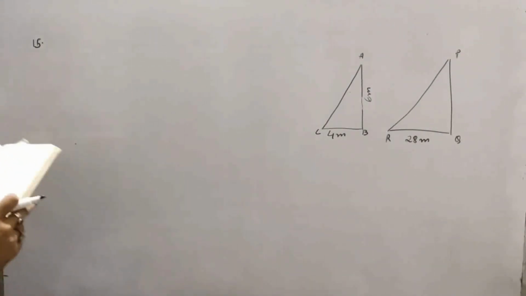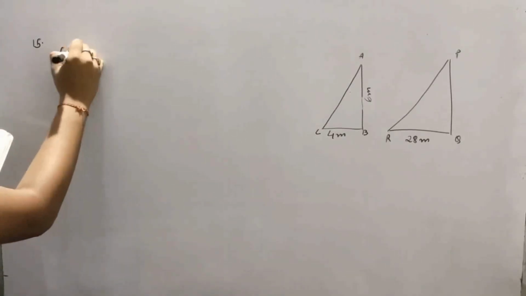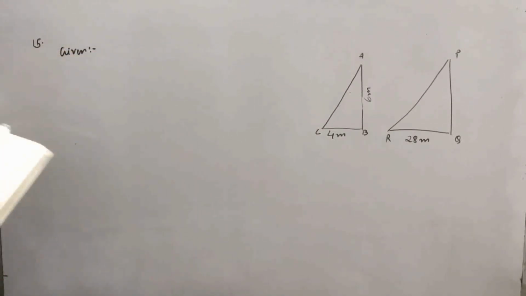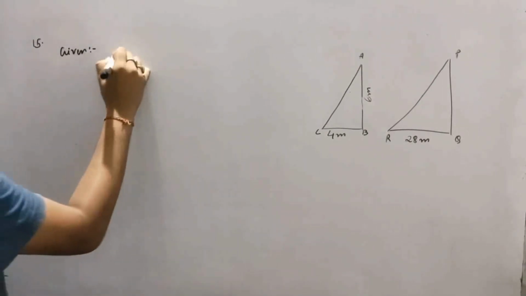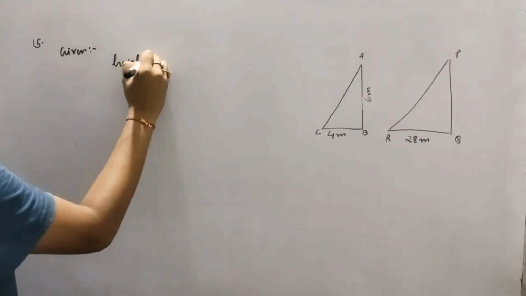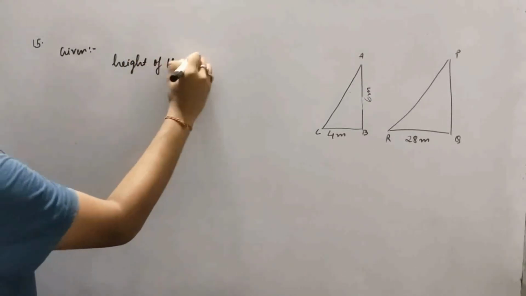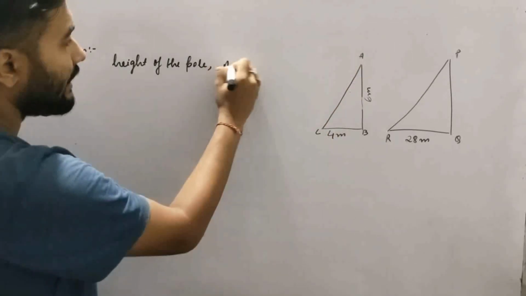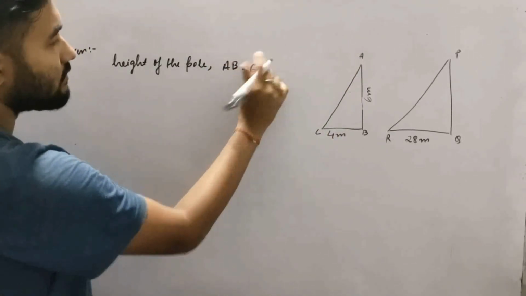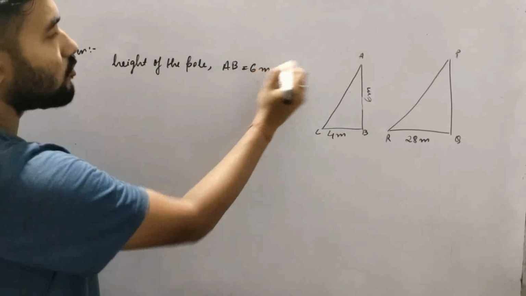The height of the pole, right? A vertical pole of length, so the height of the pole. We have considered the pole to be AB. AB is equal to 6 meters.